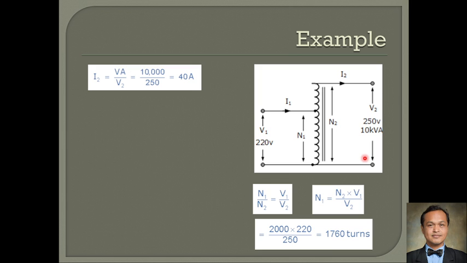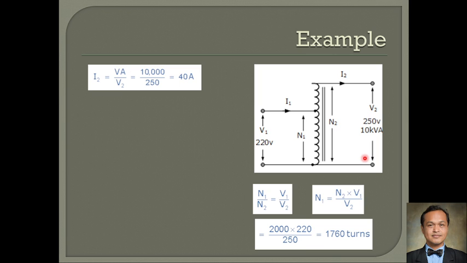Therefore, the output current at the secondary side is 40 amps. Since the input and output power of a transformer are equal, V1 I1 is equal to V2 I2. Therefore, the primary current will become equal to 45.5 amps. So that's a high current.